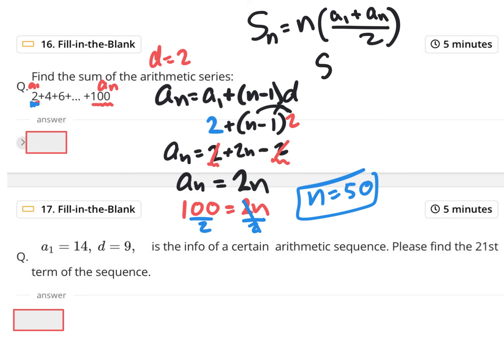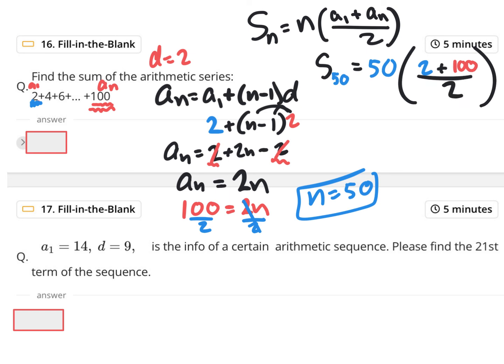The summation of the 50 numbers that we don't even see will be equal to n, which happens to be 50, times a fraction. A sub 1 is your first term 2 plus a sub n, which we know is the last term, 100, all divided by 2.